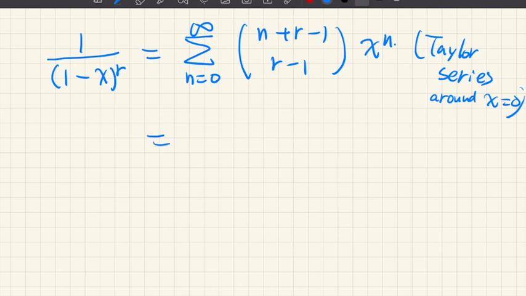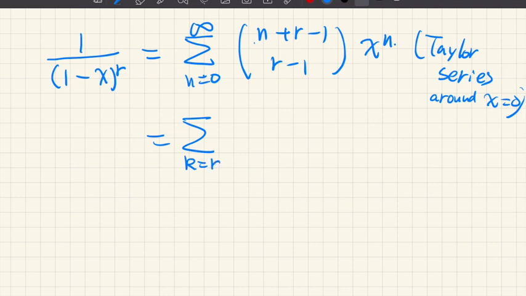And if you change variables here, how do I change this? Instead of starting from n equal to 0, we start from k equal to r.